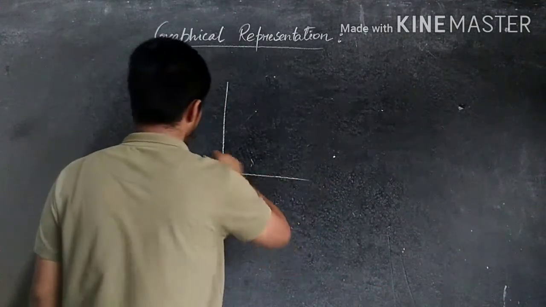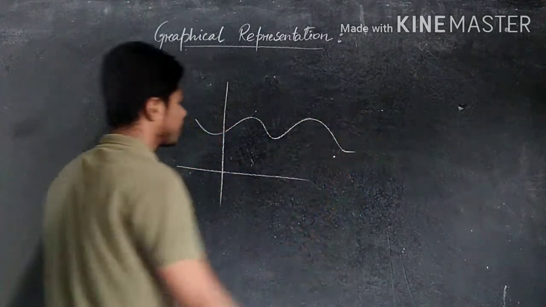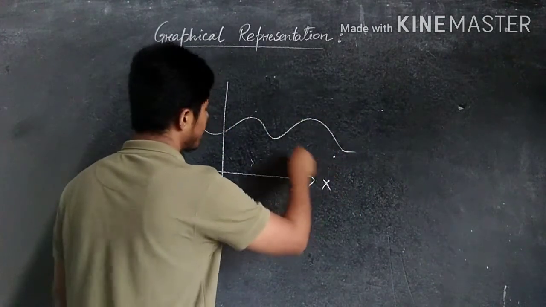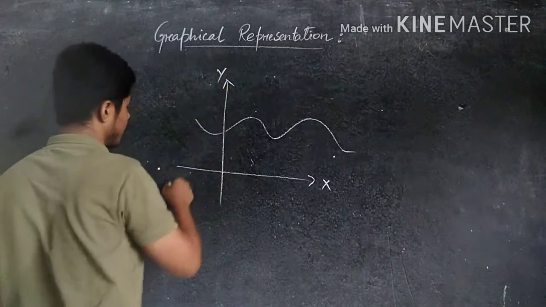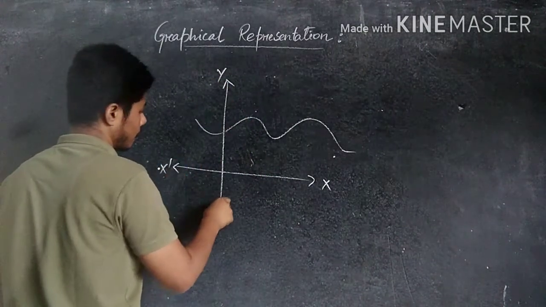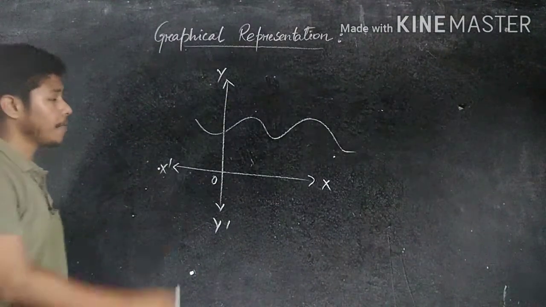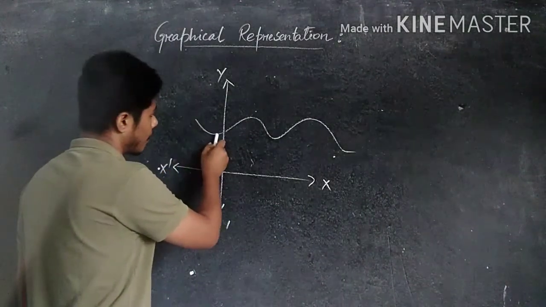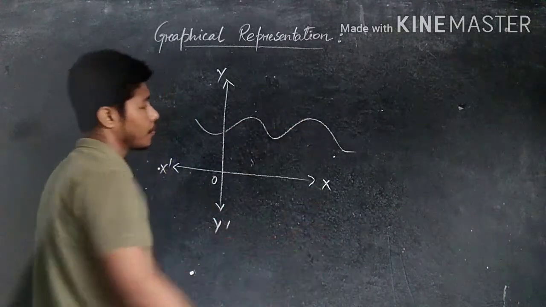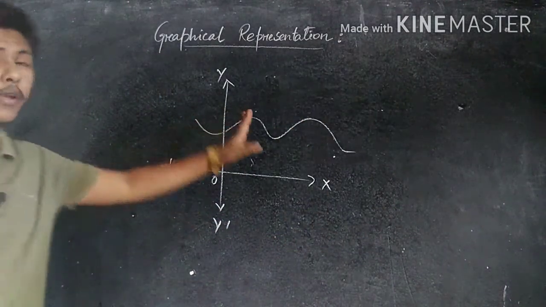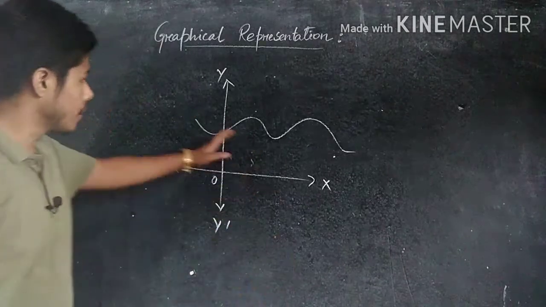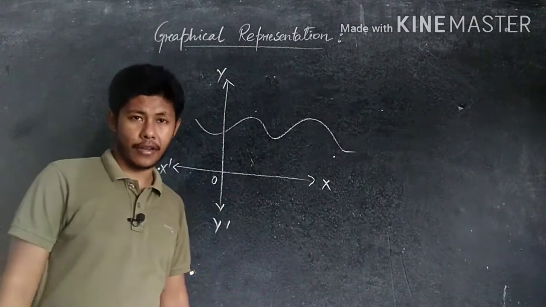If the graph is given like this, suppose, in this case what can we say? If you separate the parts here: decrease, increase, decrease, increase, both conditions are given, and there is no breakpoint given here. So in this case we can't say whether increasing or decreasing.